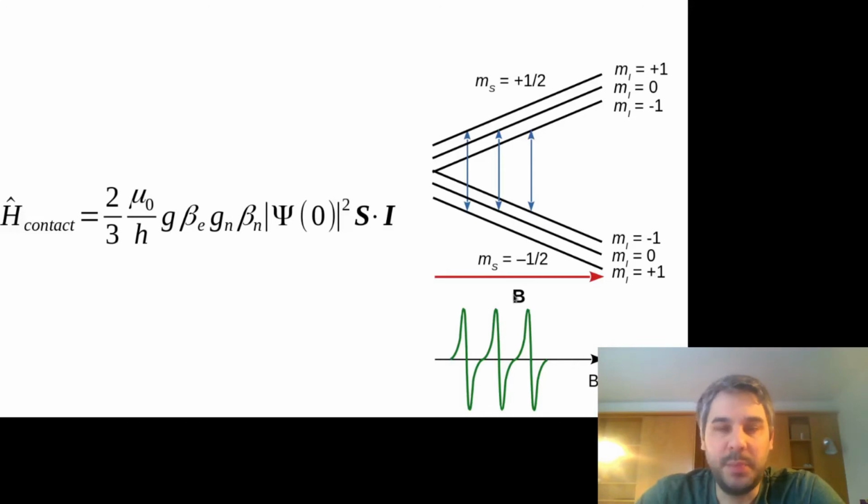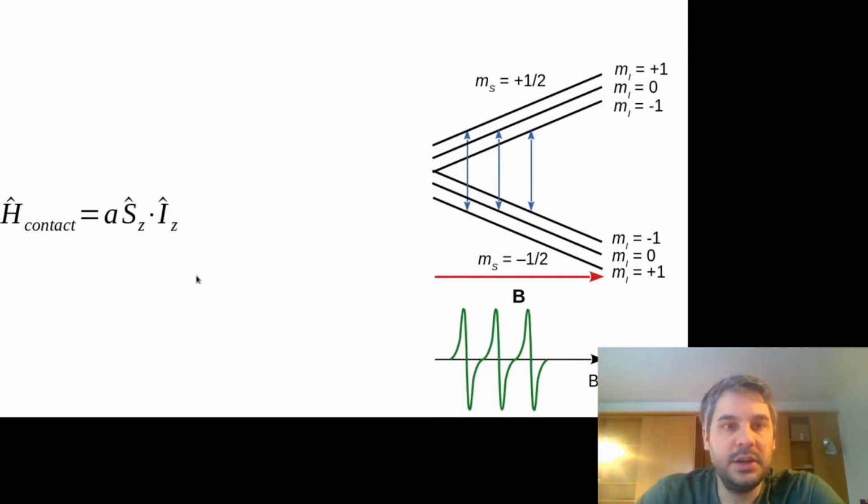I'm going to explain in another video why that is, and discuss some instrumental features. But for now, let's just say that all our signals will be derivatives of absorptions, and they look like these signals. So in here we will have three signals due to the hyperfine splitting of the electron spin by a nucleus of spin 1.